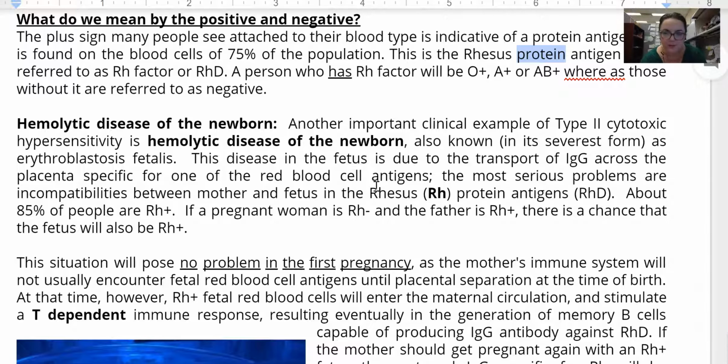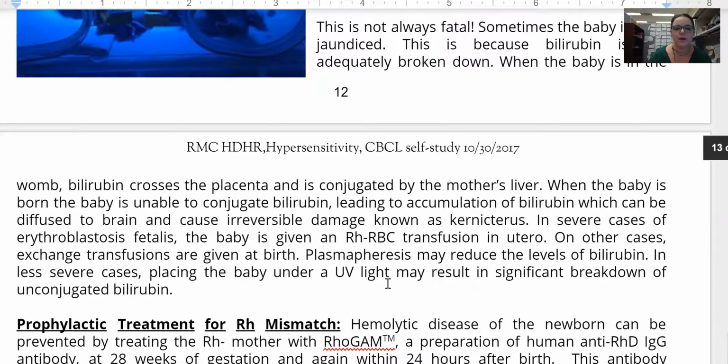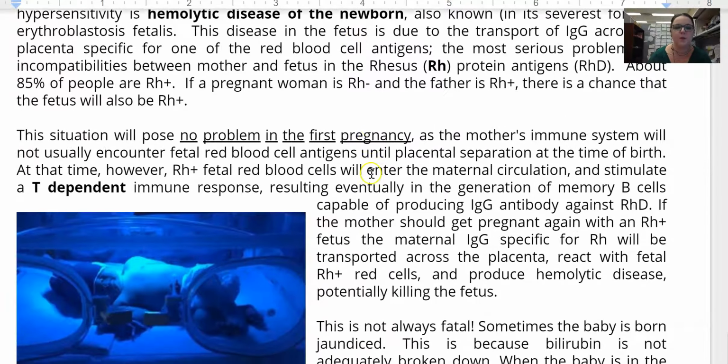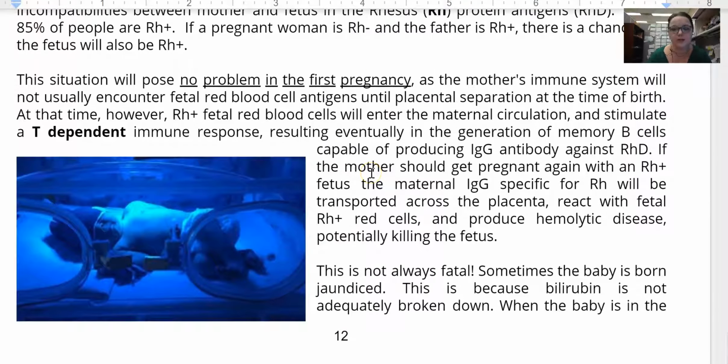The second time around, though, mom might have some antibodies to the IgG or to the rhesus protein, some IgG antibodies. And remember, IgG can go across the placenta. So that basically leads to a phenomenon we know as hemolytic disease of the newborn, or erythroblastosis fetalis.